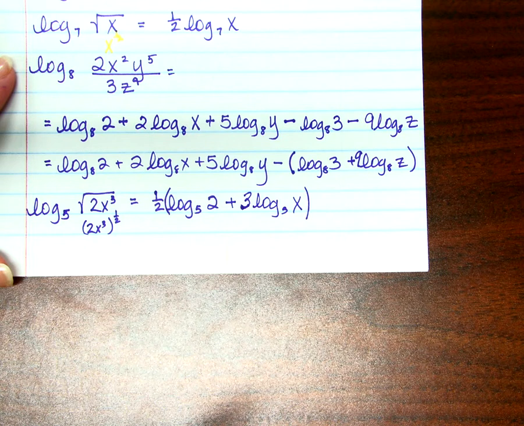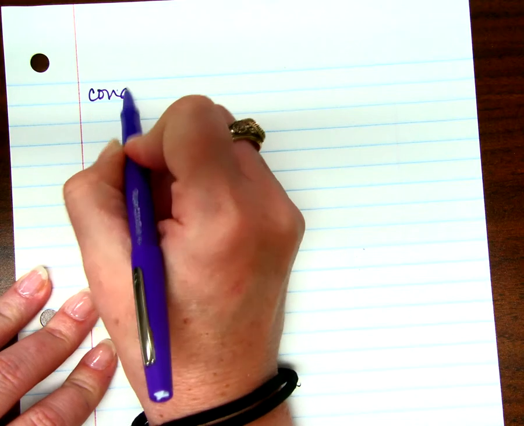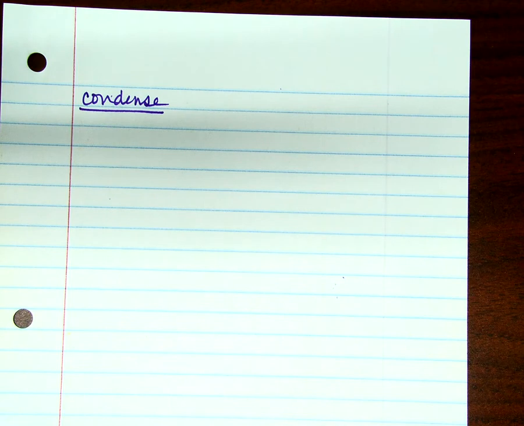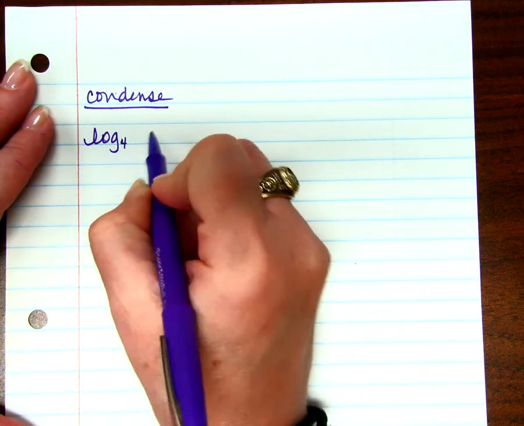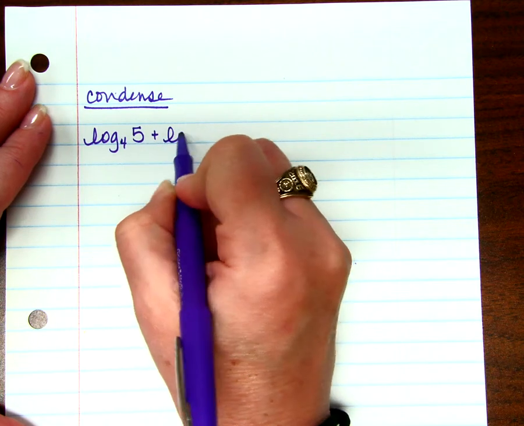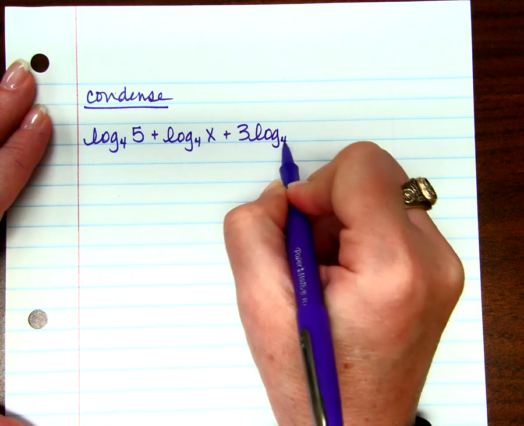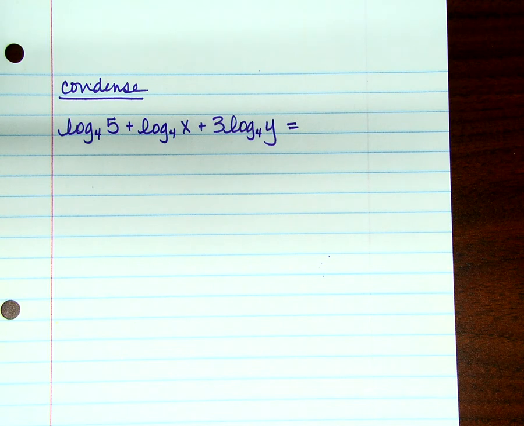Okay. So there's two properties of logarithms that we're talking about today. We're talking about expanding our logarithms, and we're talking about condensing our logarithms. I don't think I need to hardly give you any examples of this, but I will, just to prove to you that I don't need to give you any examples of it. When we condense it, we write log one time.